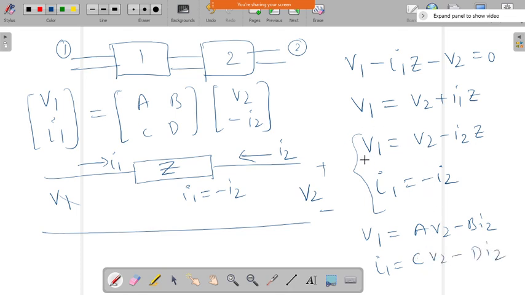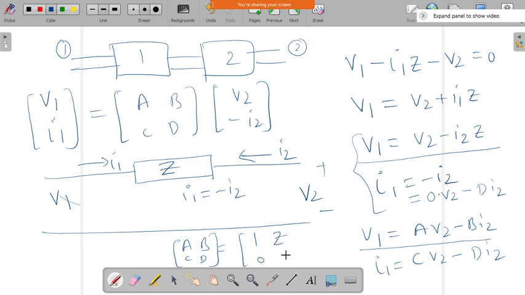If we compare these equations, we come to know that the A value is 1, and B value is Z. Writing the expression again once more, that is 0 into V2 minus D into I2. So D value is equal to 1, and C value is equal to 0. So for this particular network we can write the ABCD parameters as 1 Z 0 1.